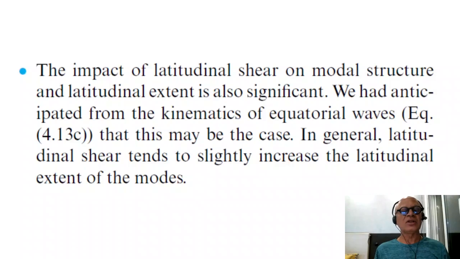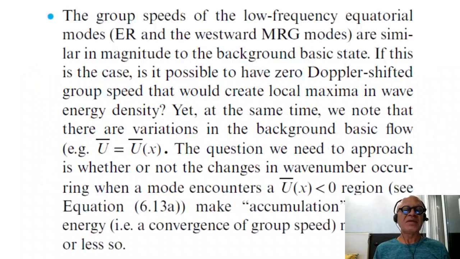So it's not that big an impact compared to the depth change and the basic state going from easterly to westerly. Okay, group speeds of the low frequency equatorial Rossby waves and westward mixed Rossby gravity waves are similar in magnitude to the background basic state. Okay, they are similar to the background basic state in terms of their speed.